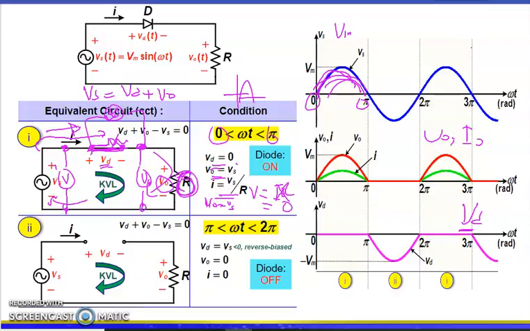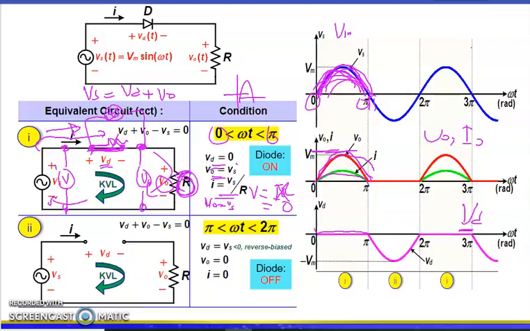Practically, we can draw the shape based on the phase from 0 to pi on the V source and on the V out, showing the peak value and the shape.